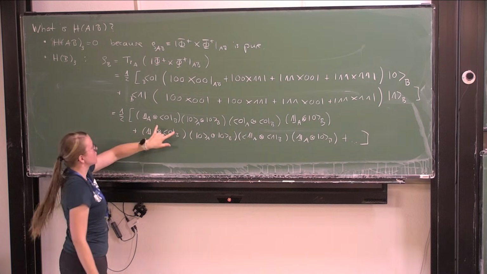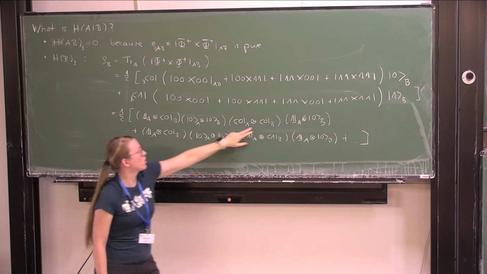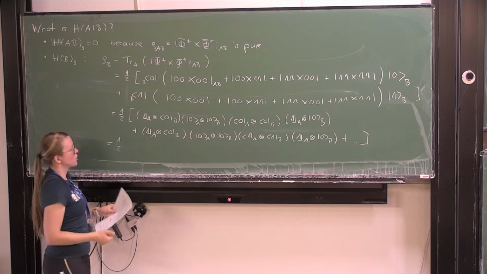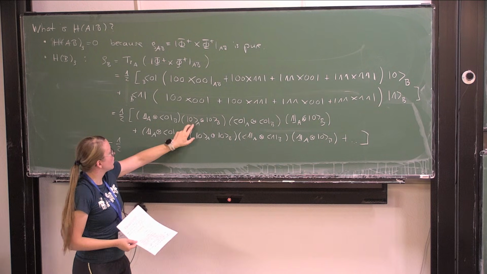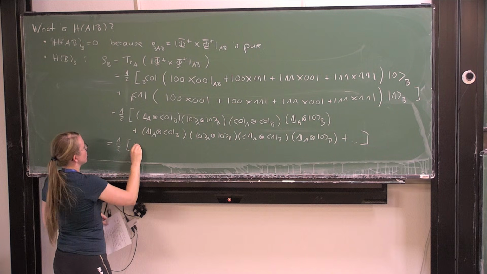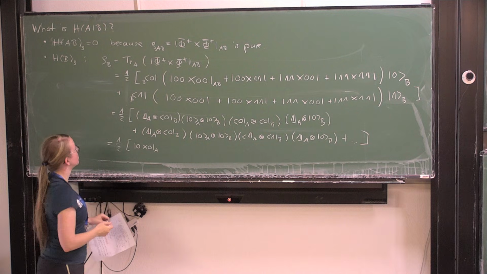So now I always combine everything on system A together and everything on system B. You will see that on system A you just have the identity on the outside, which does nothing, and then you have a ket A and a bra A. That means on system A, you have simply this object.